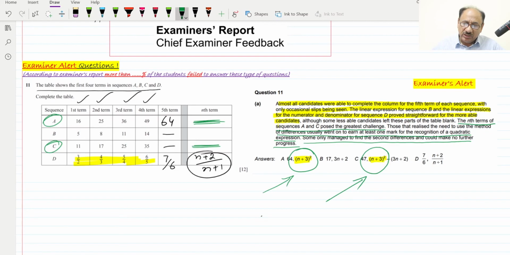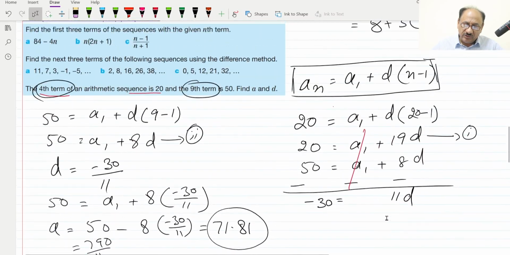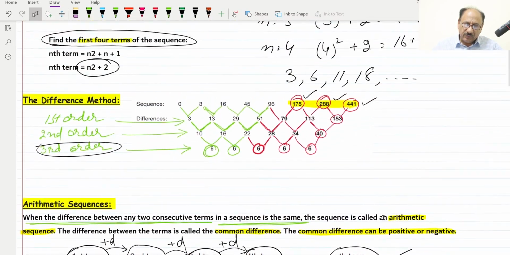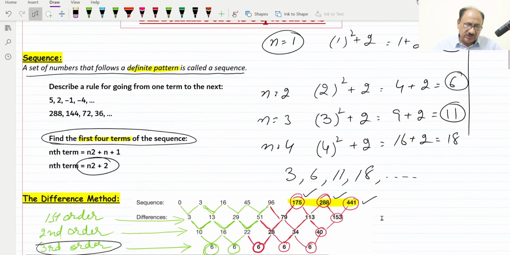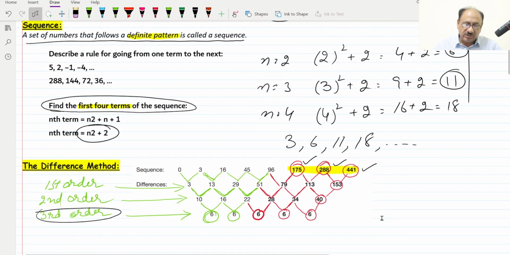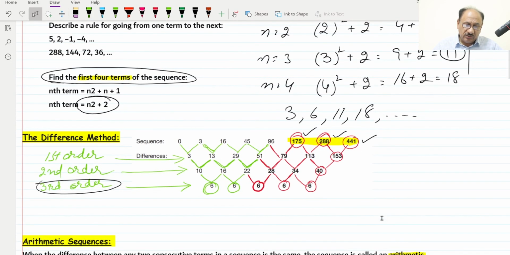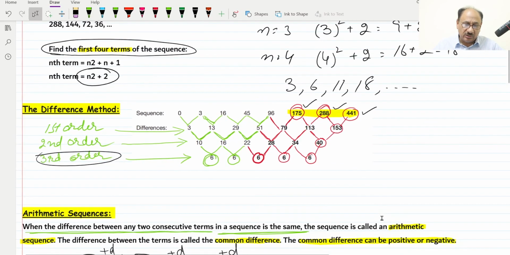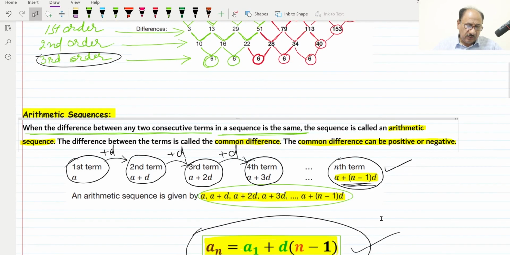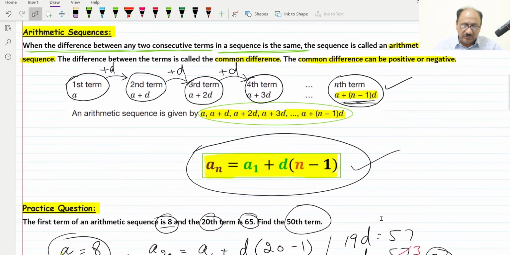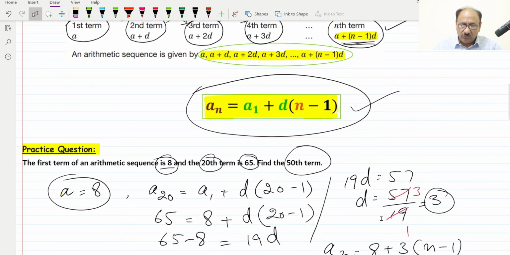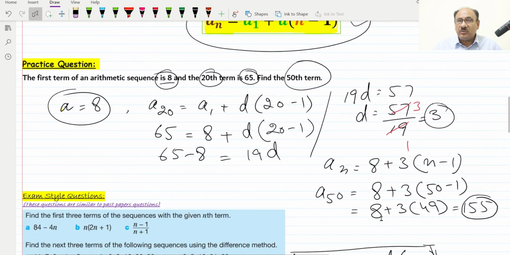So in today's video, basically we have gone through arithmetic sequences. We have discussed what arithmetic sequences are, how we can find the next unknown terms, and if the nth term is given, how we can write down the next terms, and what the difference method is, how we write arithmetic sequences, what the general formula is, and how we can solve the practice questions.